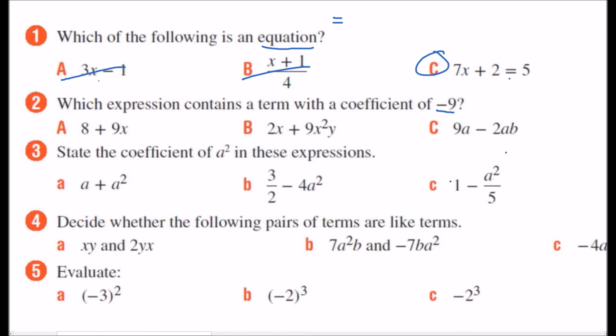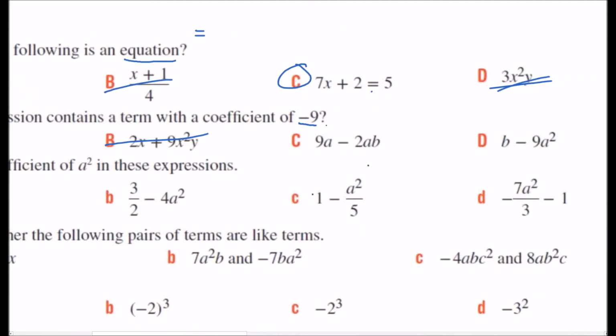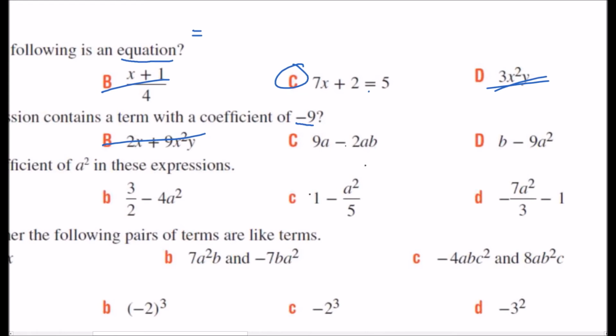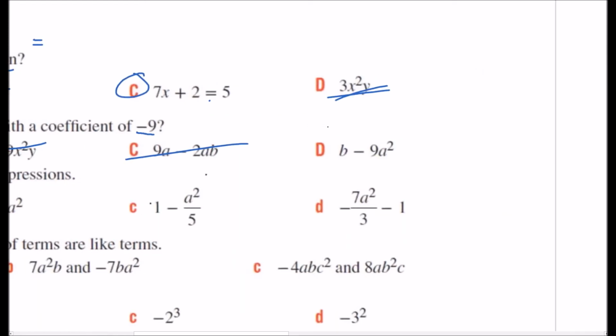So it has to be -9. Let's have a look. 8 plus 9x, there's no -9 there, so that doesn't work. 2x plus 9x squared plus y, again no -9 there. C, 9a minus 2ab squared. There is a negative, but it's not with the 9, so it can't be that. So in this case, it's this one here.